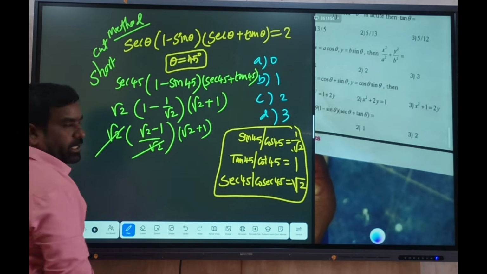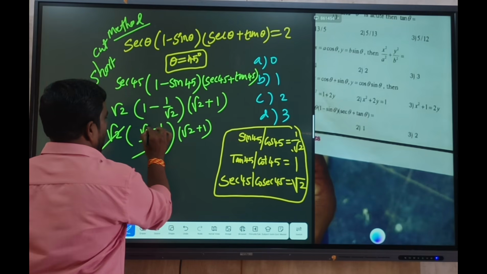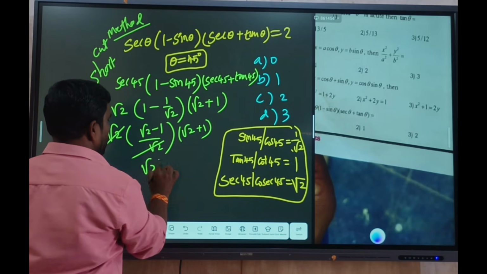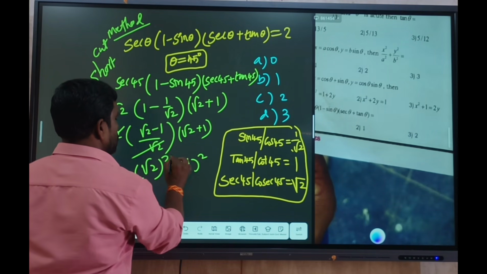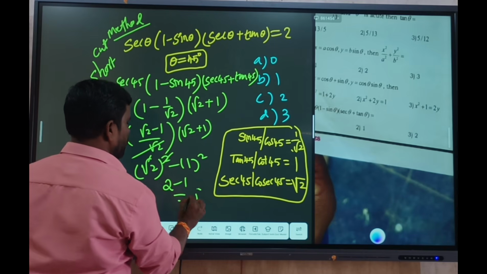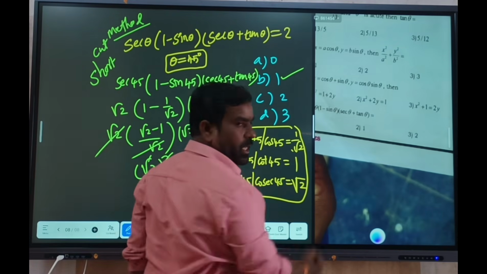So the root 2 gets cancelled, and the remaining is of the form (a minus b)(a plus b): root 2 squared minus 1 squared. The square root cancels, and 2 minus 1 is nothing but 1. Answer is 1. Option B is the correct answer.